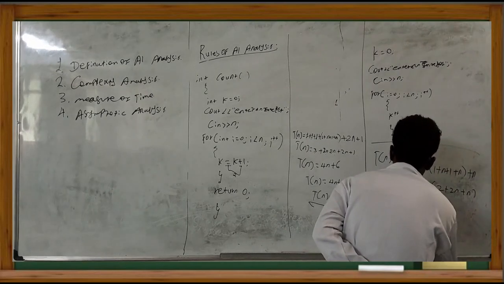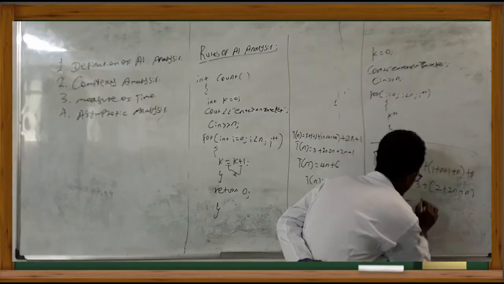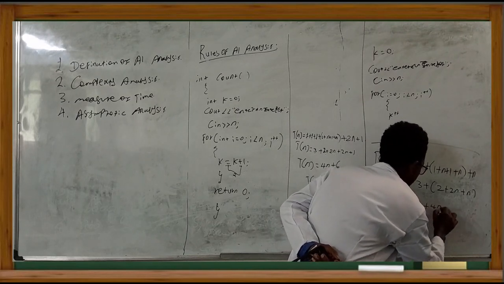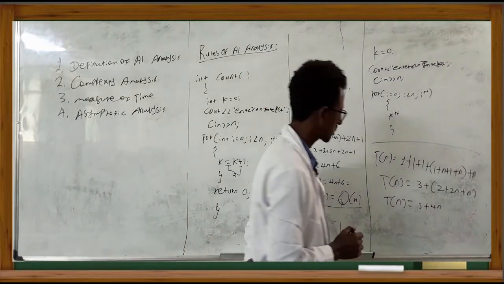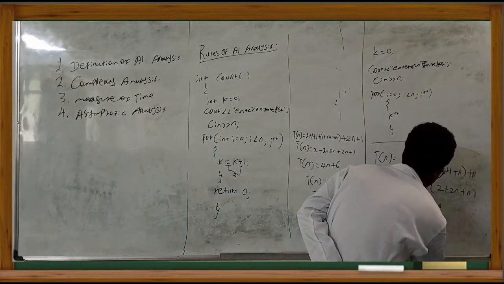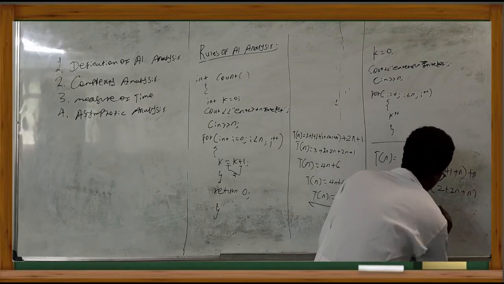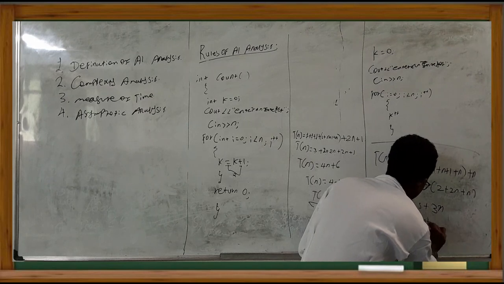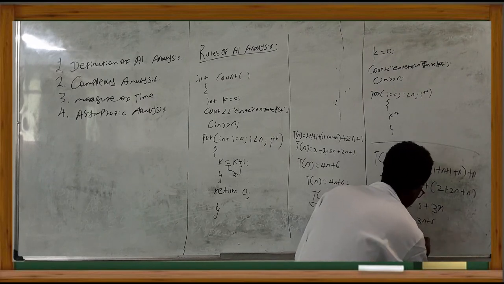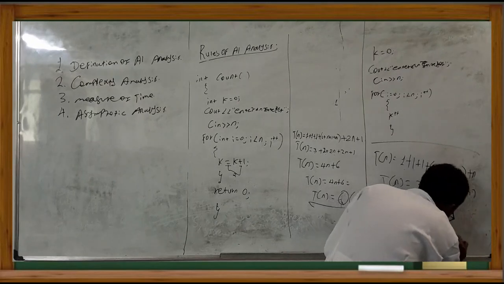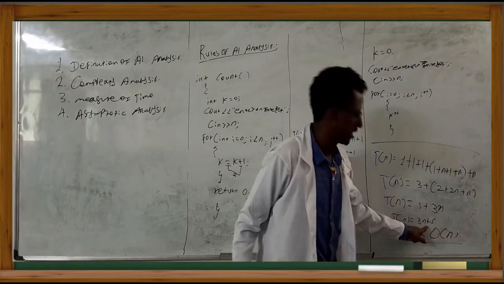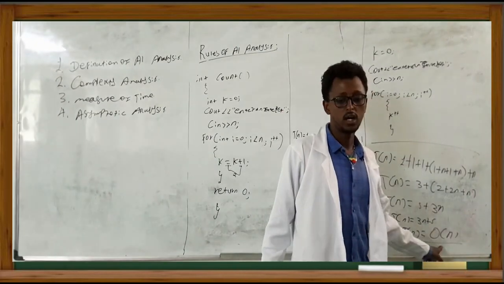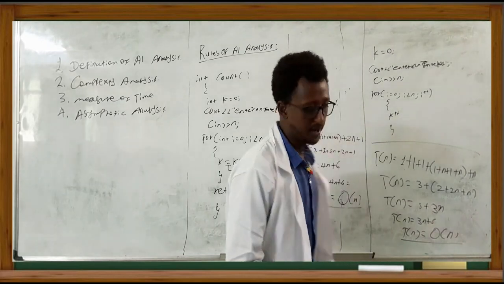Then Q of n is equal to 2 plus 3, 5, plus 3n. Then Q of n is equal to 3n plus 5. Q of n is equal to big O of n, because 3n plus 5 is a linear function. It takes time units of big O of n.